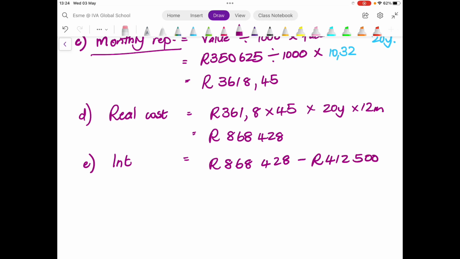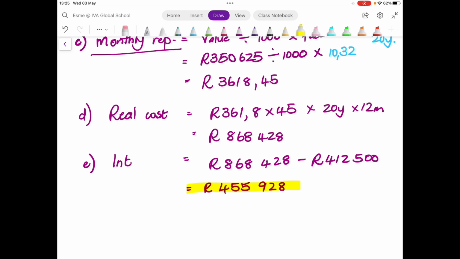And if we go to work that out, I am going to be paying 455,928 interest.